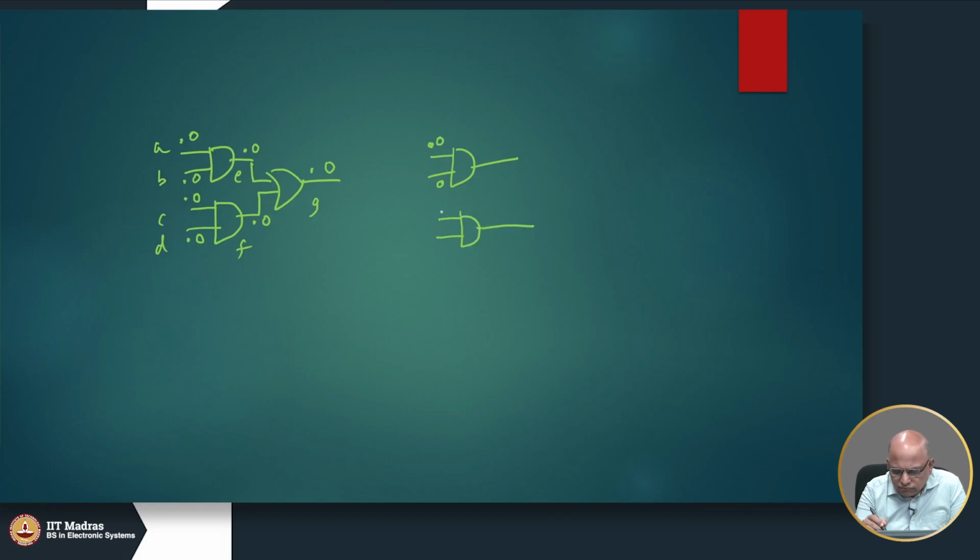Similarly, we can retain this, and we have already argued that in an AND gate, okay, using equivalence, we can eliminate E0 and similarly we can eliminate F0, okay, and then these two are still there.